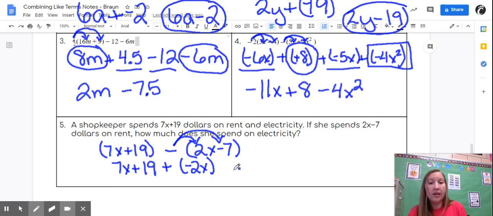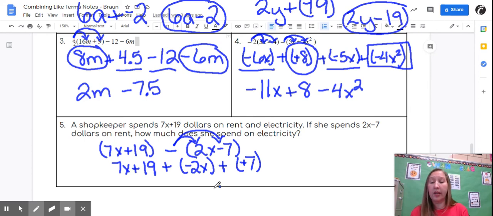And -1 times 7 is -7. So we have -2x minus -7. And again, since we have subtraction, we can change this to add and take the opposite of -7, which would be +7.